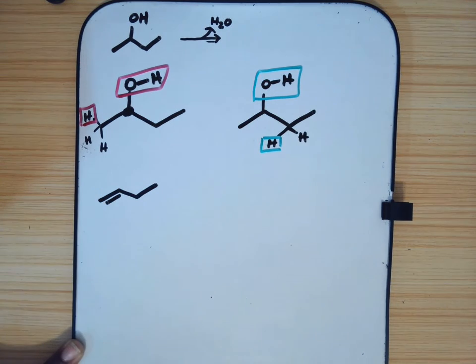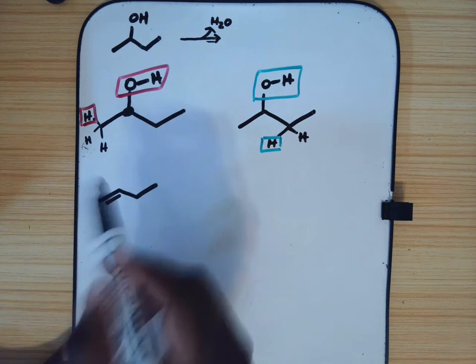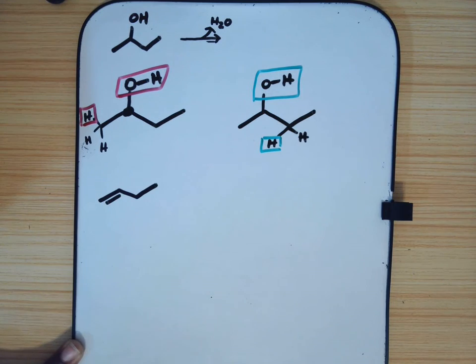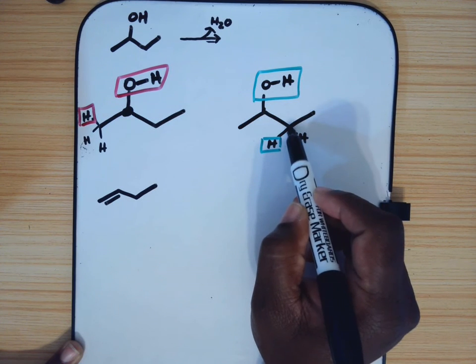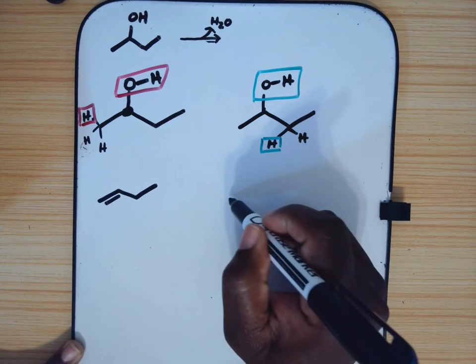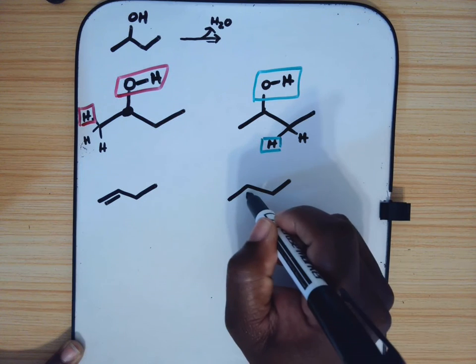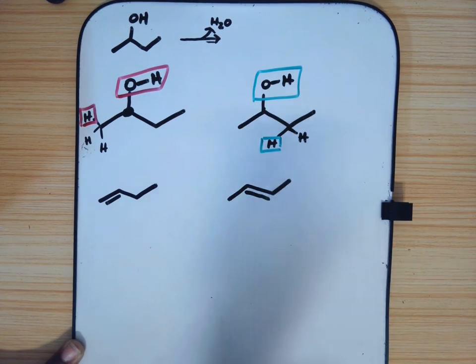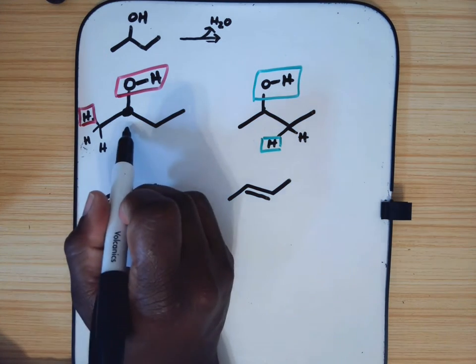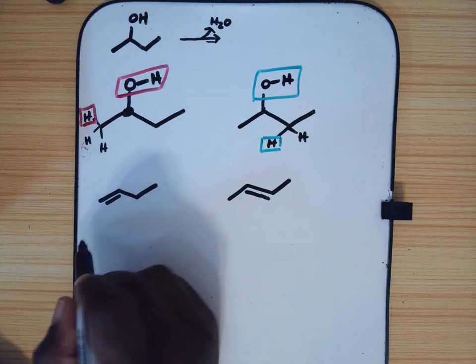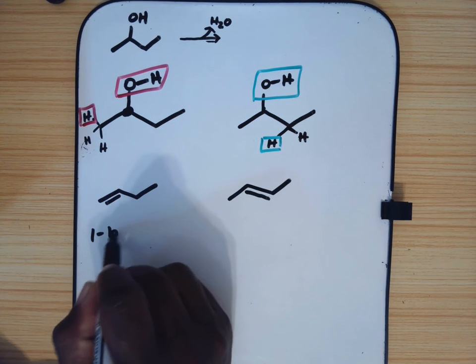It doesn't matter whether you show that extra bond above or below, as long as it's between those two carbon atoms. The same thing here. So now we're saying carbon 2 and 3. They're going to take their half bonds each to form a whole bond. So we have two possible choices. If we go with the method of this first structure, we end up with 1-butene.